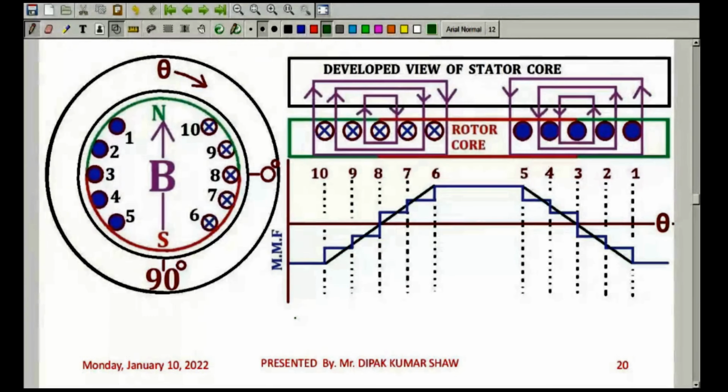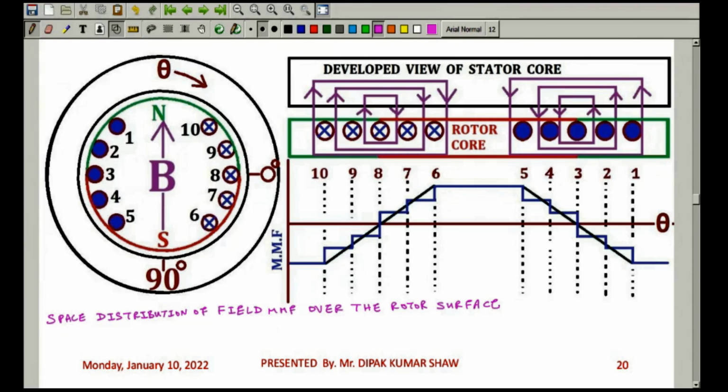Let me write the phrase, or let's use the word space distribution, which has the same meaning: space distribution of field M.M.F over the rotor surface.